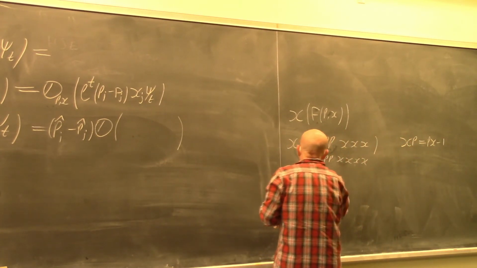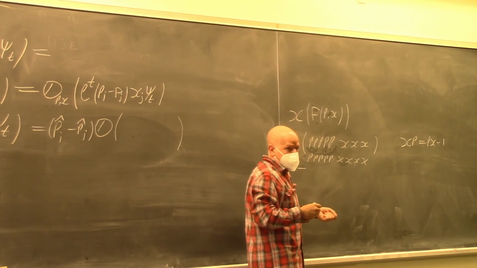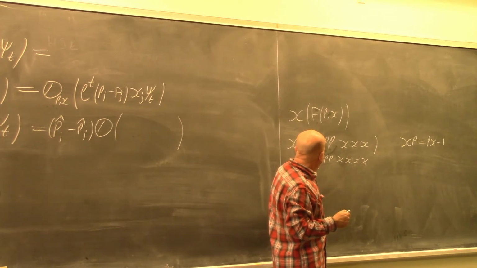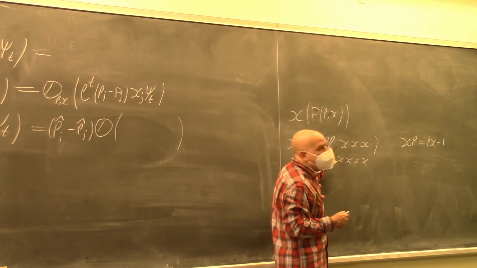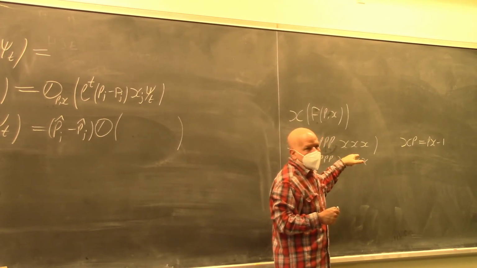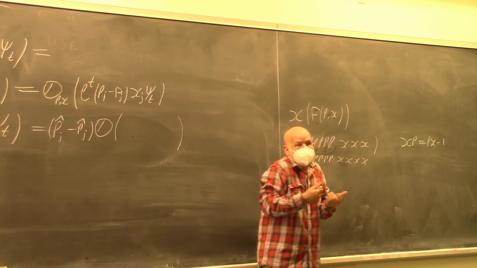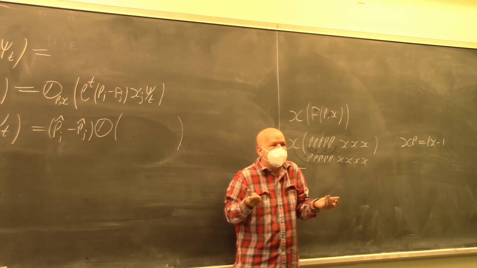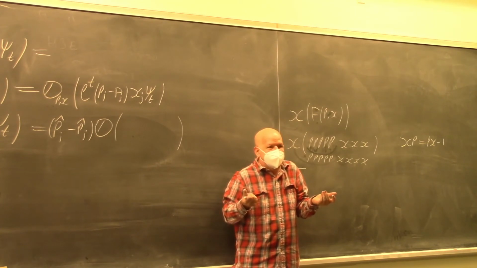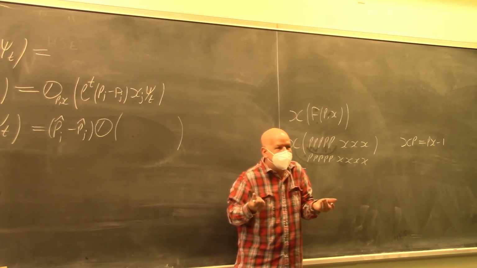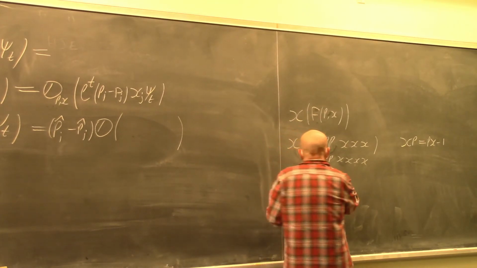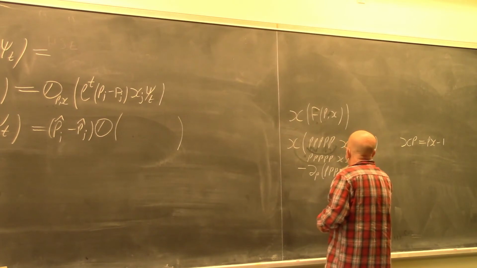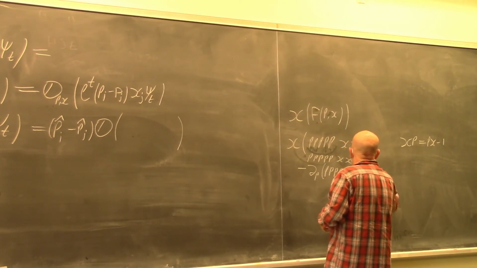But I will also get a contribution with minus sign, which is the sum of all possibilities of replacing p by 1. But what is the sum of all possibilities of replacing p by 1? This is differentiating with respect to p. Right? This is exactly what differentiation does. So this is the derivative with respect to p of p, x, x, x.